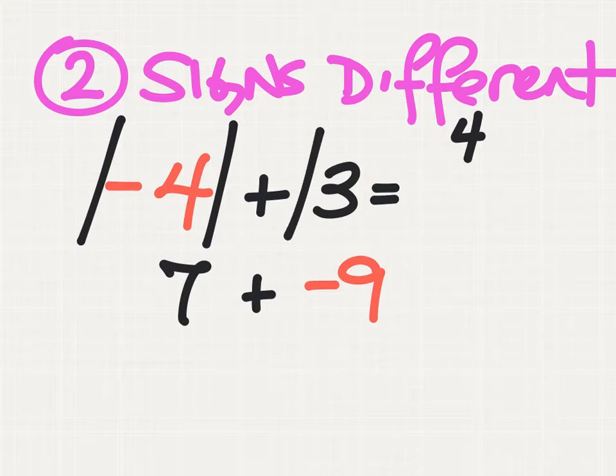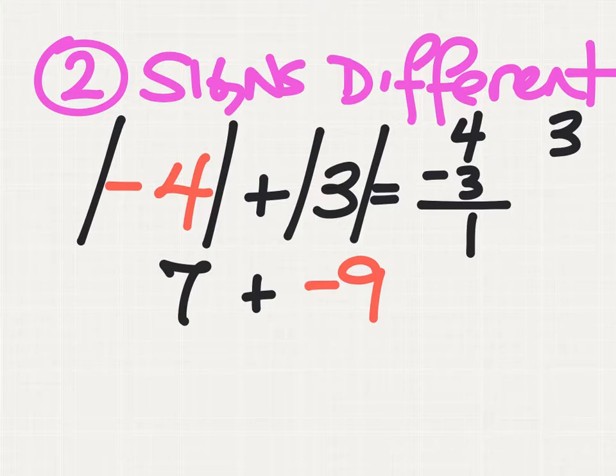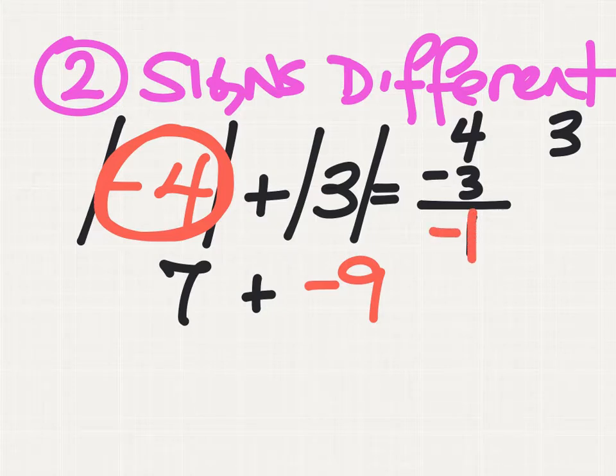The absolute value of 3 is 3. Subtract the smaller from the larger. 4 minus 3 is 1. And take the sign from the integer that had the greater absolute value. So the absolute value of negative 4 was 4. It was greater than the absolute value of 3. And negative 4's sign was negative. So my solution would be negative 1. Negative 4 plus 3 equals negative 1.